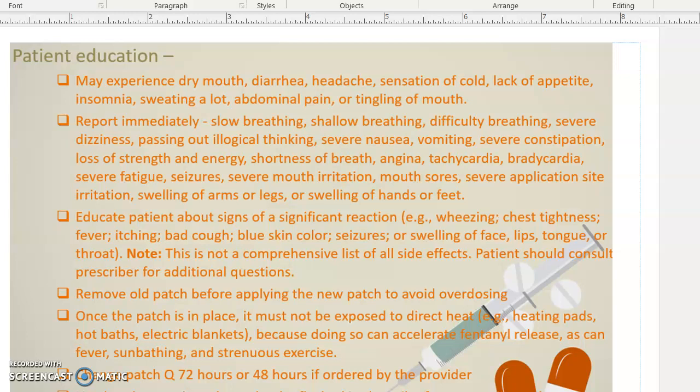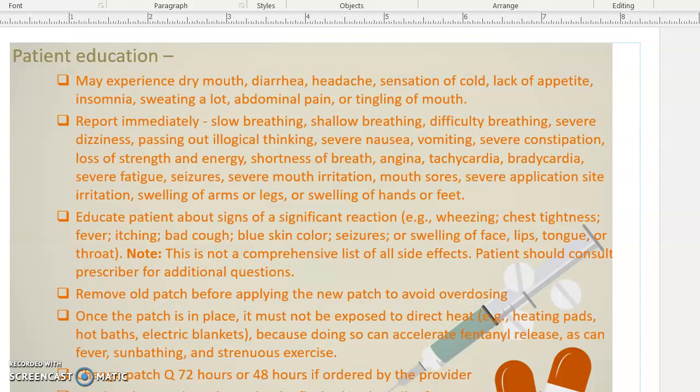They need to report immediately if they have slow breathing, shallow breathing, difficulty breathing, severe dizziness, passing out, illogical thinking, severe nausea, vomiting, severe constipation, loss of strength and energy, shortness of breath, angina, tachycardia, bradycardia, severe fatigue, seizures, severe mouth irritation, mouth sores, severe application site irritation, swelling of arms or legs, swelling of hands or feet.